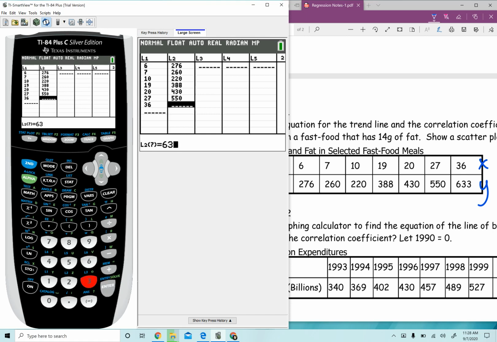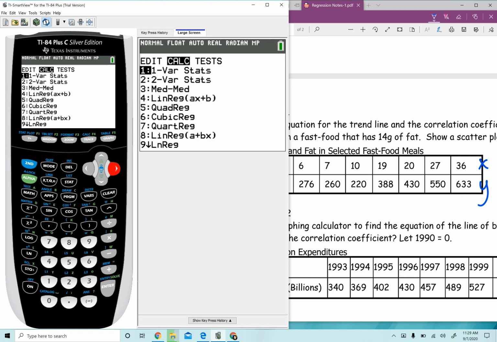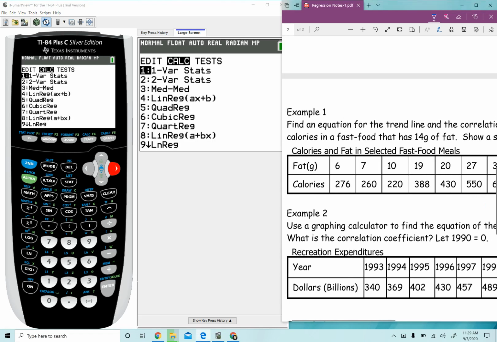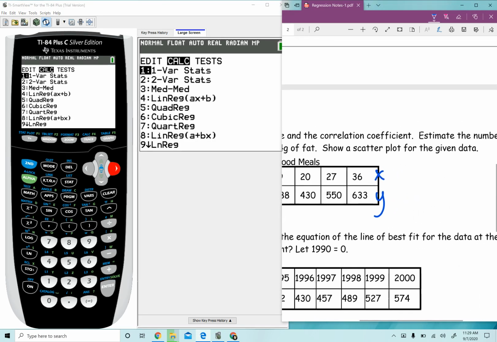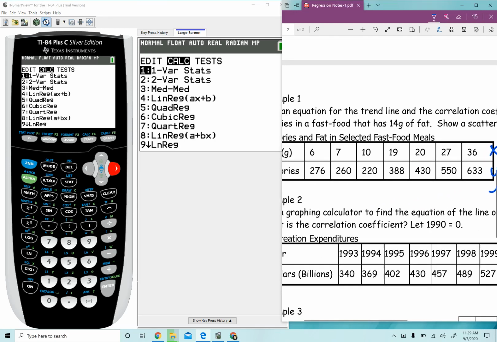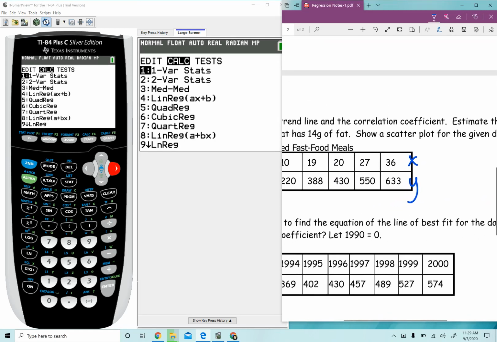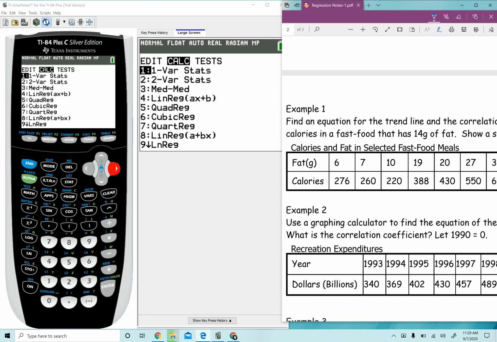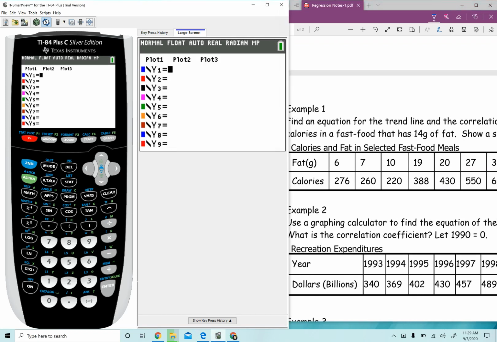Then you would do stat calc, and it said to estimate the number of fast food, show a scatter plot. So we would go to y equals, arrow up, hit enter on plot 1, and arrow down.